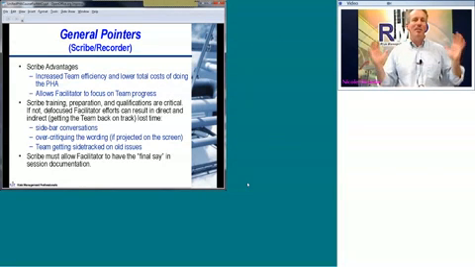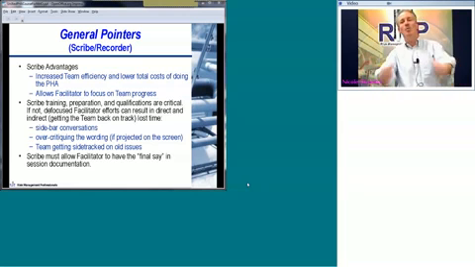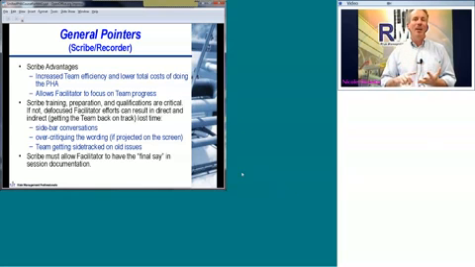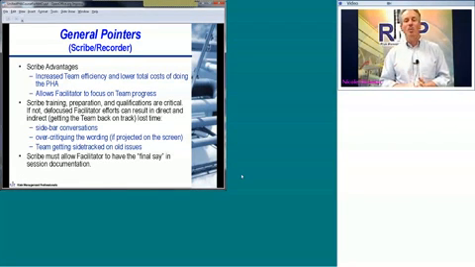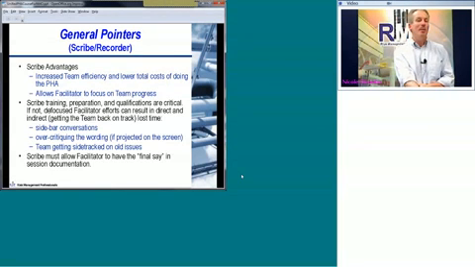No matter how you slice it, reining them back in and getting them back on track can be really tough. So having a well-trained scribe and a team that works together, the scribe and the facilitator, is really important. And of course, the scribe has to let the facilitator have the final say. The facilitator is the primary person responsible for the quality of the HAZOP and documentation, and they're the ones who have to have the final word in what goes in the document.